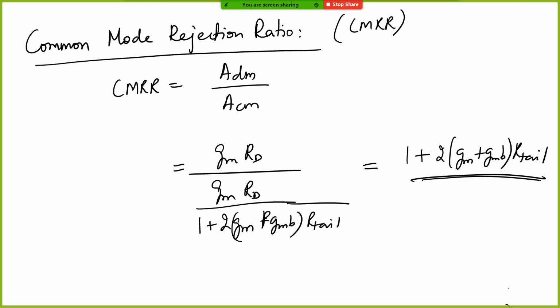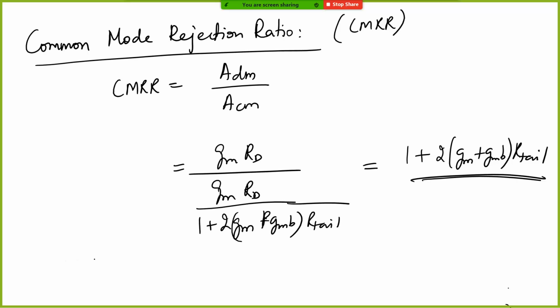Therefore, if you look at the output, you will see that there is a good amount of discrimination between the differential mode signals and the common mode signals, and the common mode signals are rejected. They are rejected by this ratio of CMRR, which is given by 1 plus 2 times GM plus GMB times RT. So in other words, what do we see here?